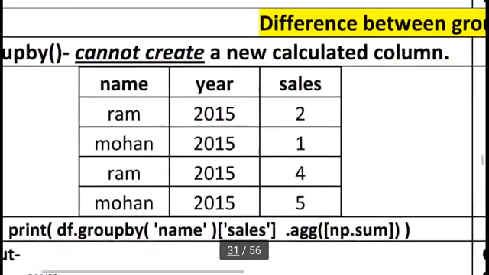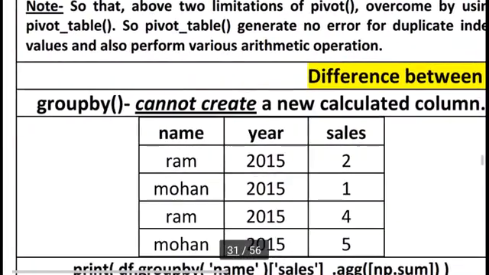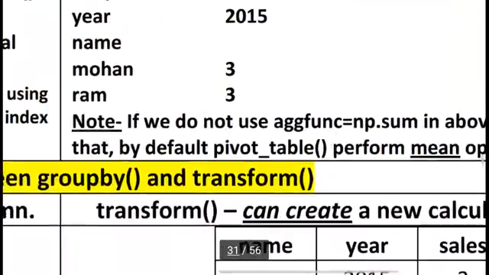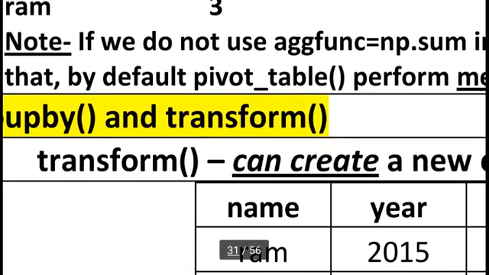But with group by, the one limitation is we cannot create a new calculated column. When we use group by, we cannot add a new column for our calculation purpose. So to overcome this limitation, we can use the transform method in the group by command.